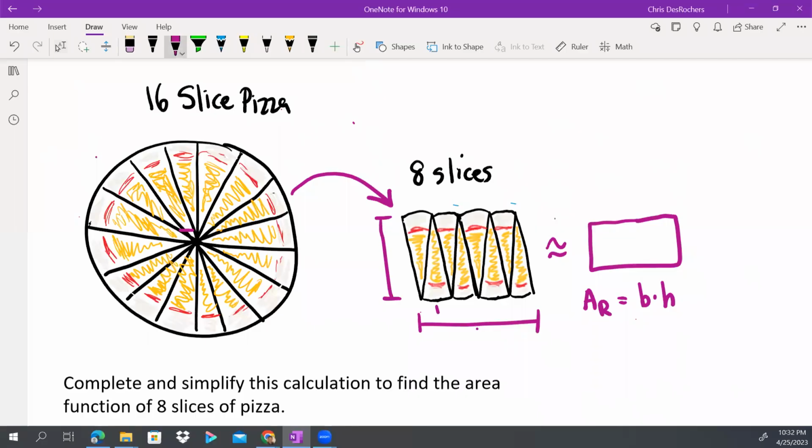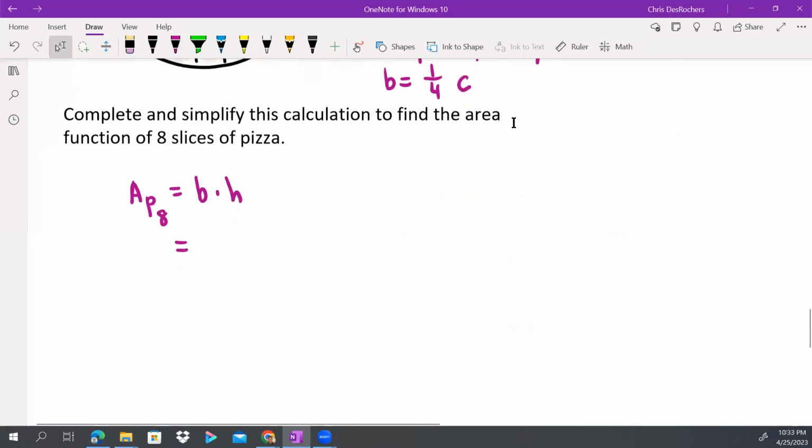Okay, we have the base being equal to 1, 2, 3, 4 slices. 4 slices is about 1/4 of the circumference. So that is equal to the base. The height is going to be equal to the radius. So we have the area of the pizza of 8 slices is equal to the base times the height.